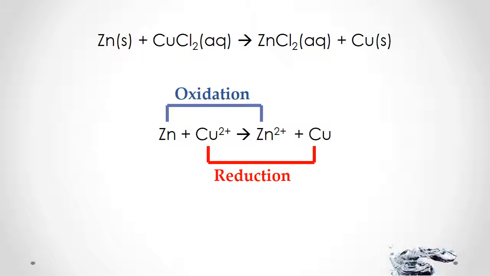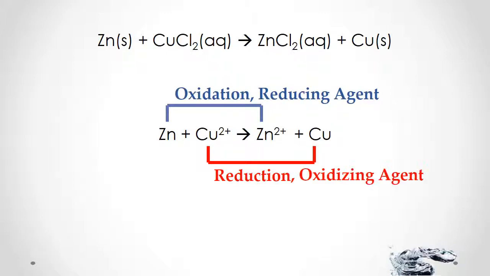If we look at agents, because the zinc underwent oxidation, it is a reducing agent. It is causing the copper to be reduced. Copper, because it is gaining its electrons, underwent reduction, but it had to get those electrons from somewhere.